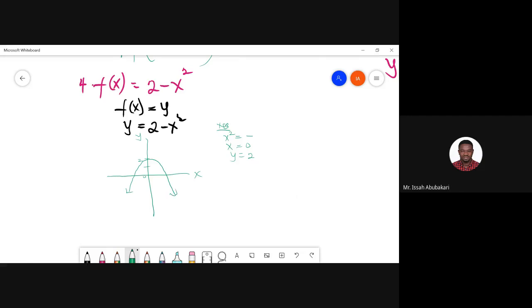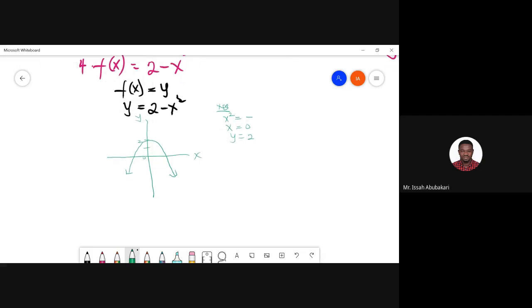And the range, if you're asked to write the range for this, the range of this function is negative infinity, because this one goes to negative infinity. But the minimum point or the maximum point is what? Positive 2 for y. Use this bracket because we know the value of what? Positive 2.